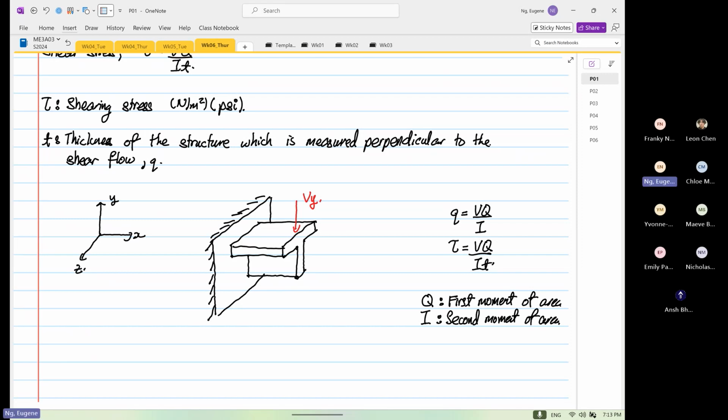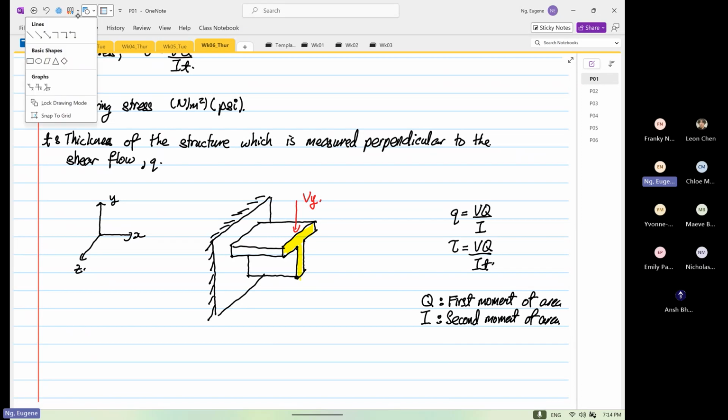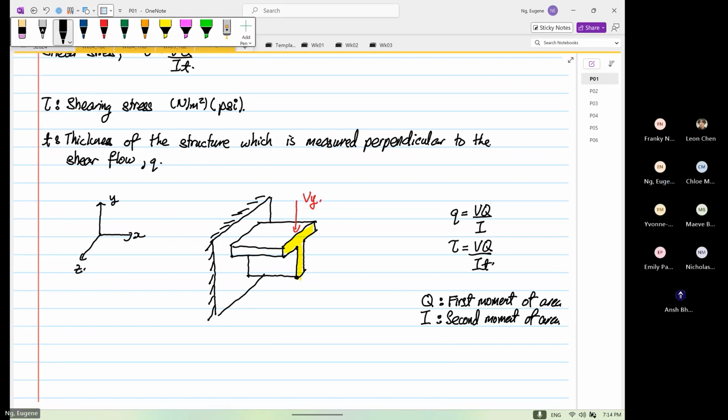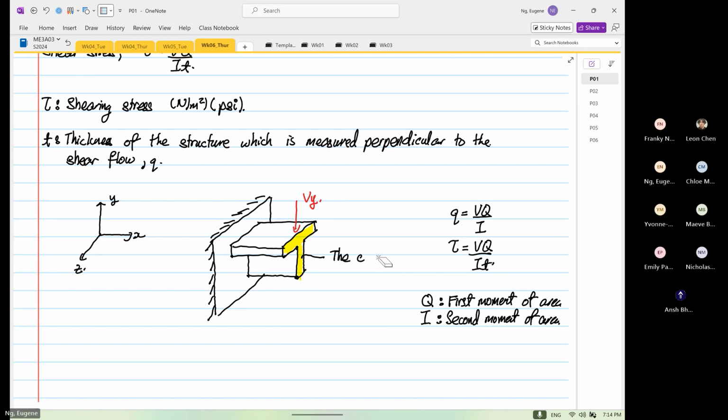So the area that we are calculating is what I'm highlighting in yellow. So when calculating the area, this is the cross section, or the plane.